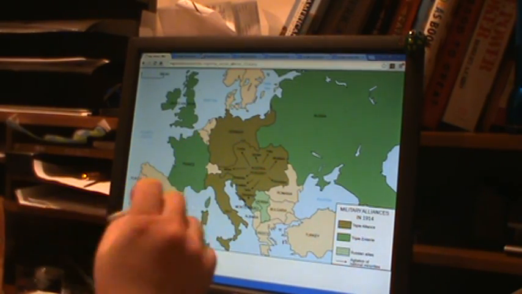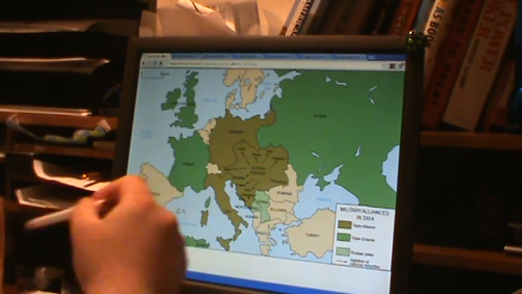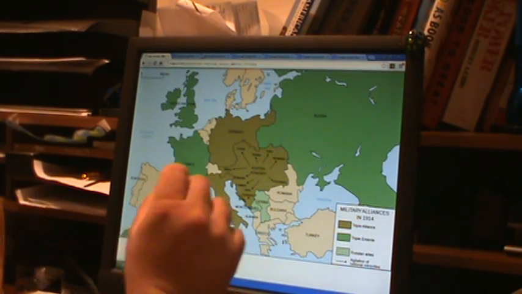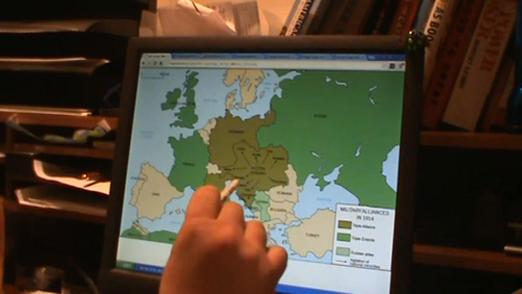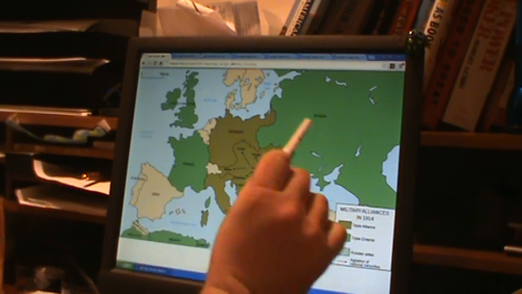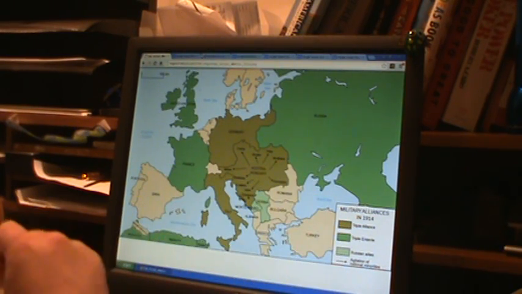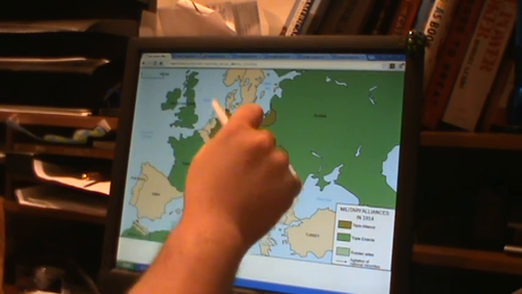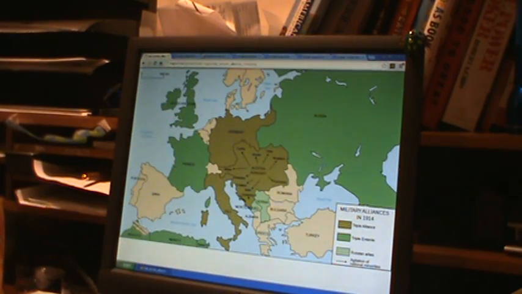The Triple Alliance is the Central Powers, known as the Central Powers because they're in the central part of Europe. The Central Powers are Germany, Austria-Hungary, and Italy. France and Russia are the Entente Powers. Britain joins the Entente in 1904.